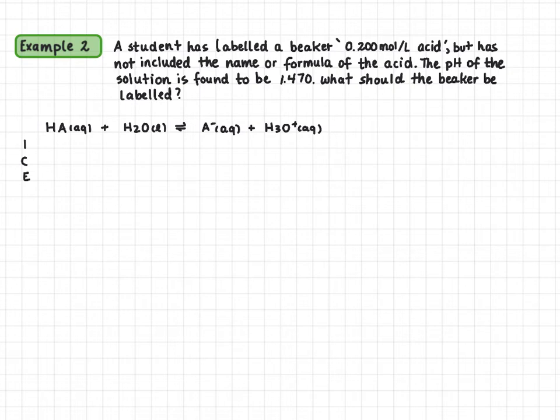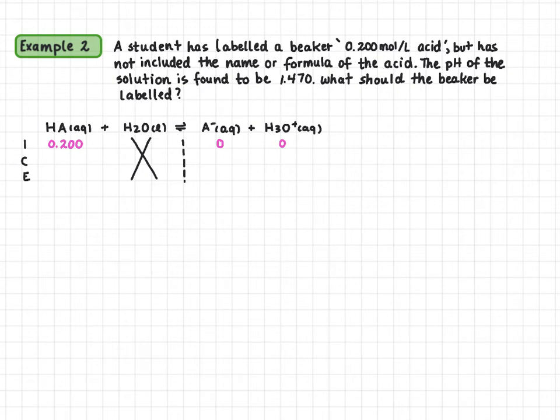We know that our acid is 0.200 moles per liter, so that's the initial concentration of our acid. We can cross out the entire column for water. As always, we never have any conjugate base or hydronium at the beginning of the reaction.